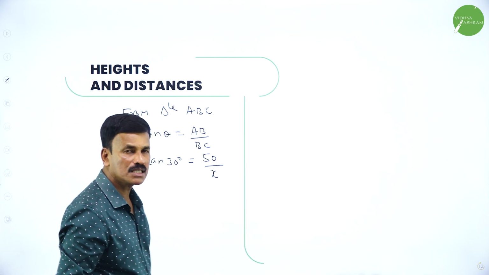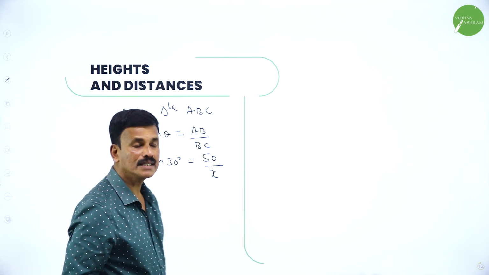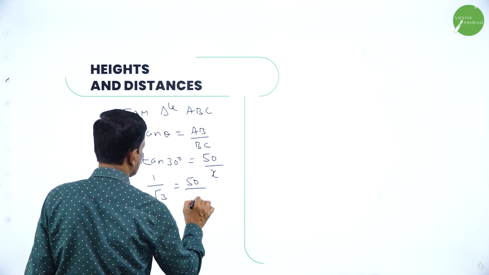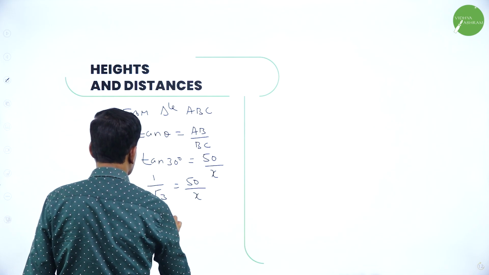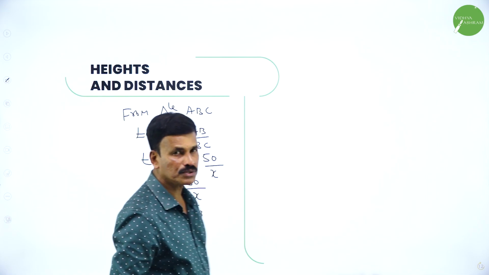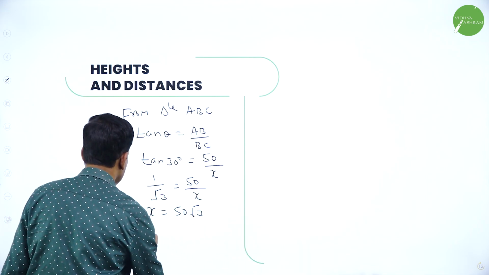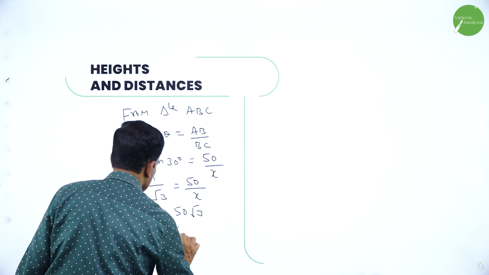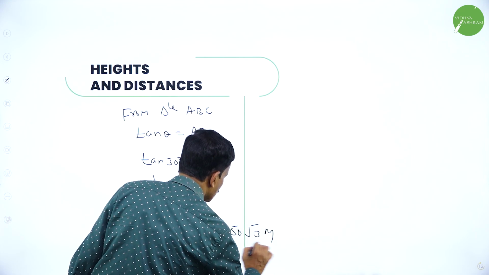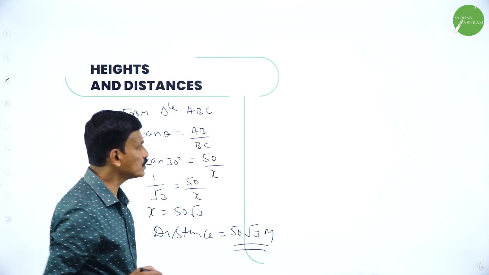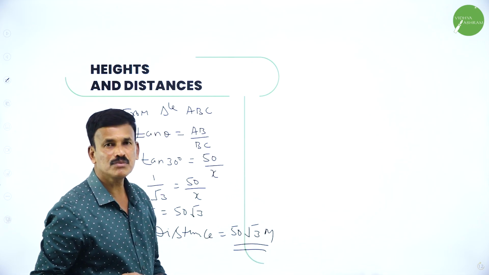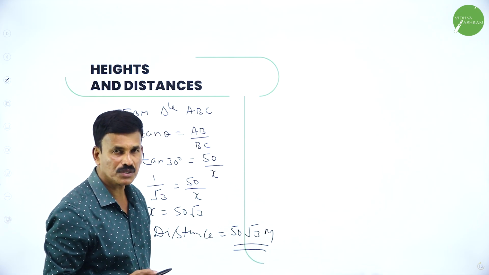What is tan 30? Tan 30 is 1 by root 3. So 1 by root 3 is equal to 50 by X. Cross multiplied, X is equal to 50 times root 3. So the distance is 50 root 3 meters. That means the distance from the ship is 50 times root 3 meters.